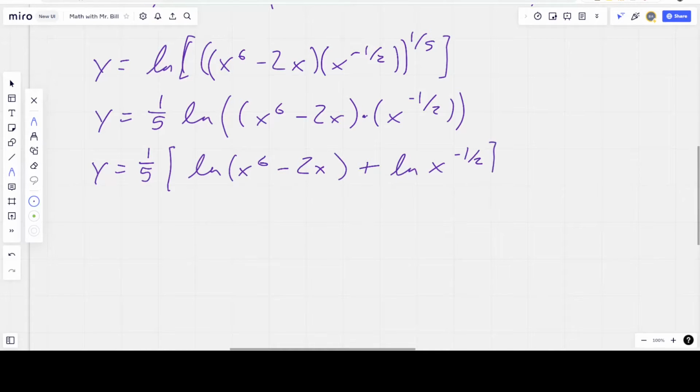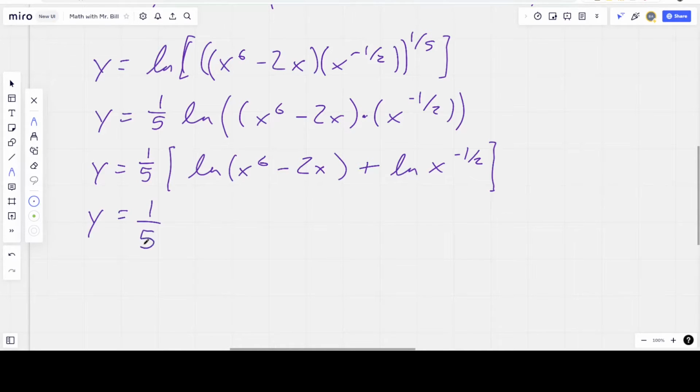Okay, almost there. Now, when we have a sum or a difference inside a logarithm, there's really not much we can do about that. We could, if we wanted to, pull out an x, and then we get another product. You could. I'm not going to. And the last thing I'm going to do is take down the negative 1/2 out front of that particular logarithm.